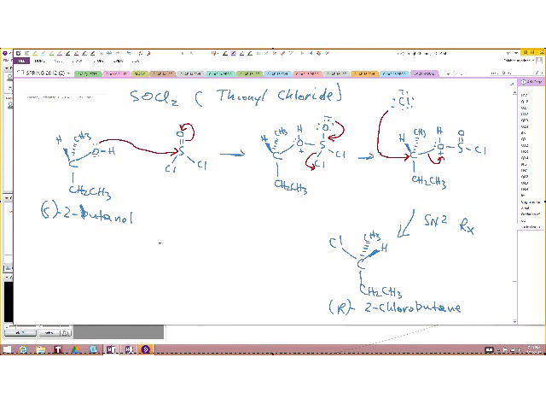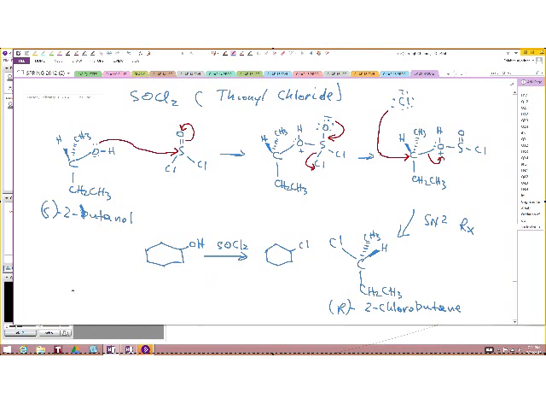Now, if there is no stereochemistry shown, like in this case, and we ask you to give the product of the reaction, then you don't need to show stereochemistry. You just simply show that you are replacing the hydroxy group with the chlorine.